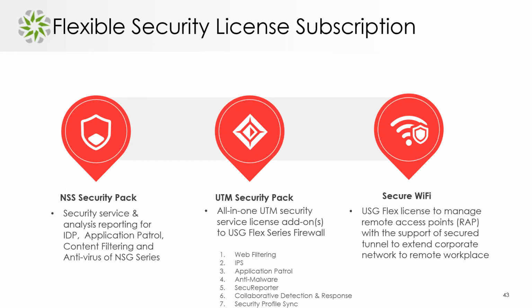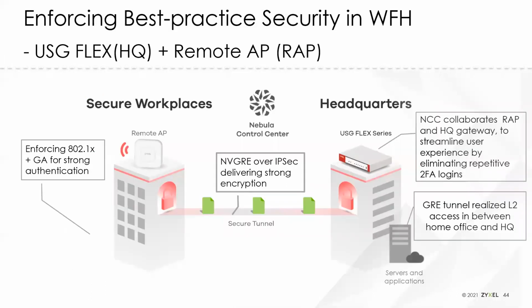Then we also have this Secure Wi-Fi license, which basically allows you to turn an access point into a remotely managed VPN appliance. So if you've got a lot of remote workers, obviously remote working is still a very big thing right now. This is an easy way for you to manage VPN access for your users, and make it easy for them to set it up in their homes.